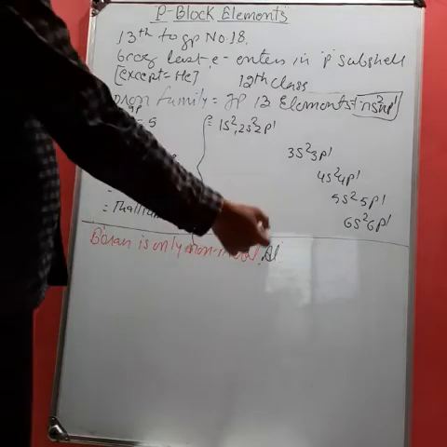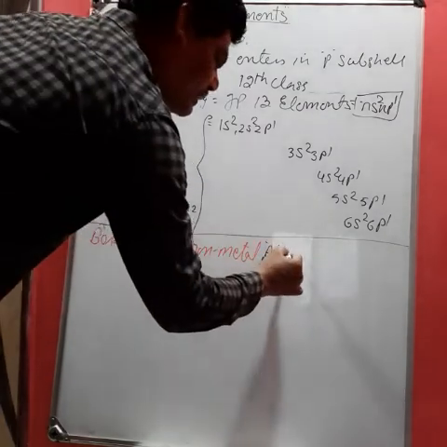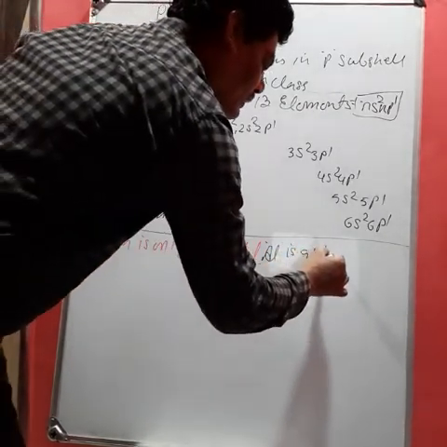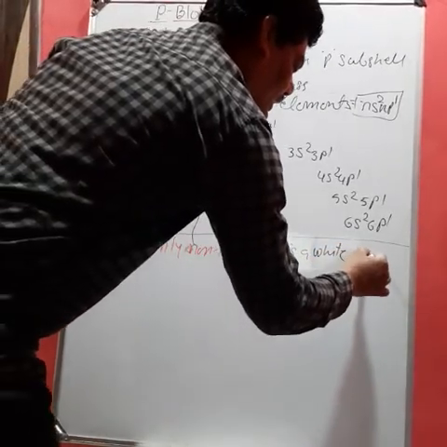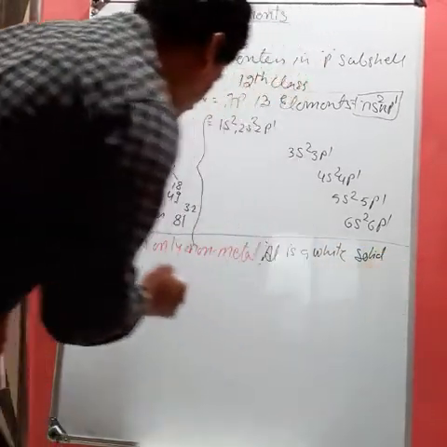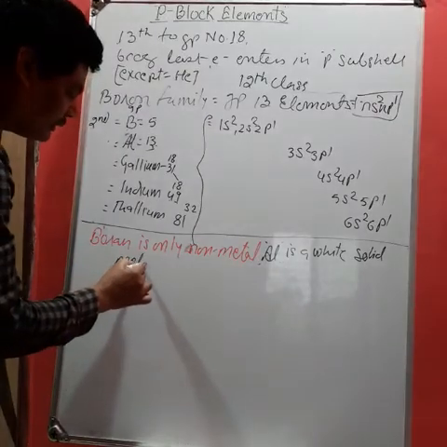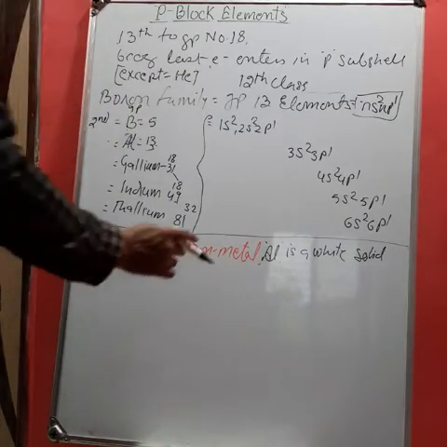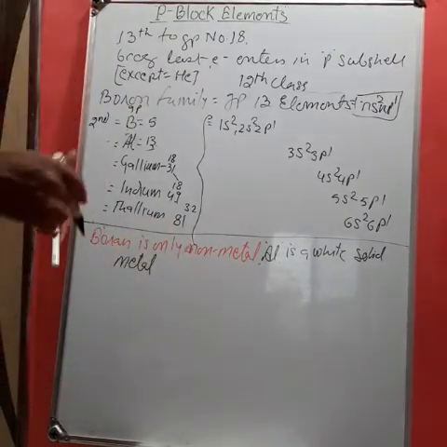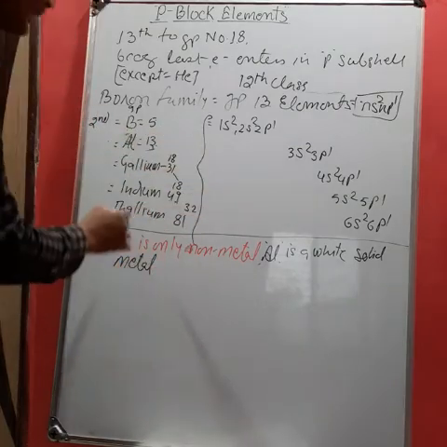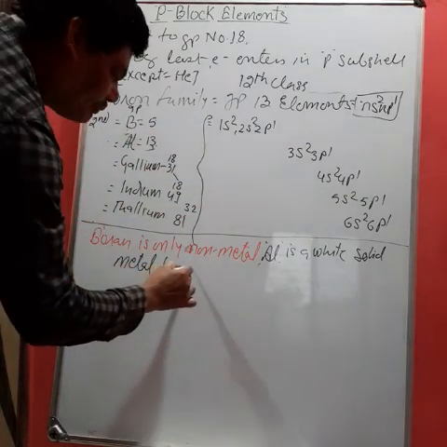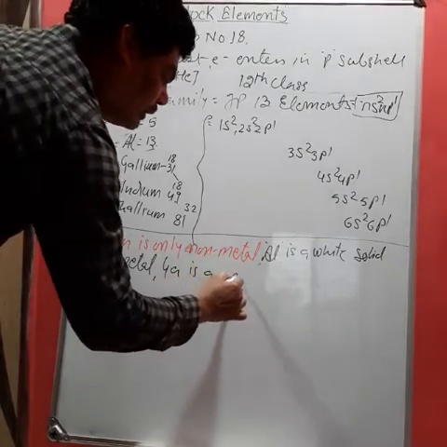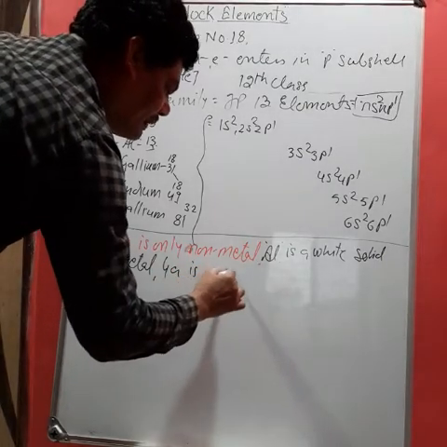So it has a wide range of applications. Aluminium is a white solid metal, but its melting point is very low as compared to boron. However, it is high.